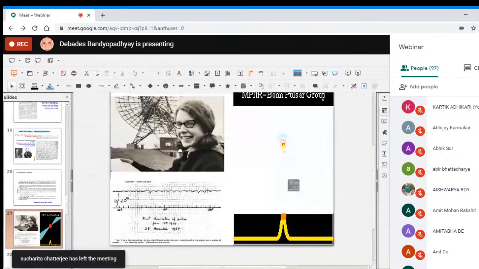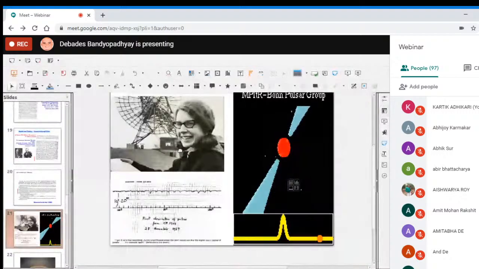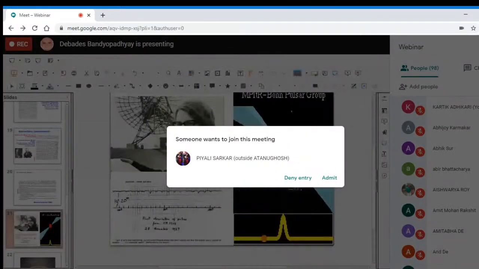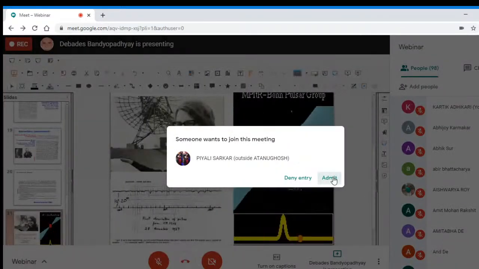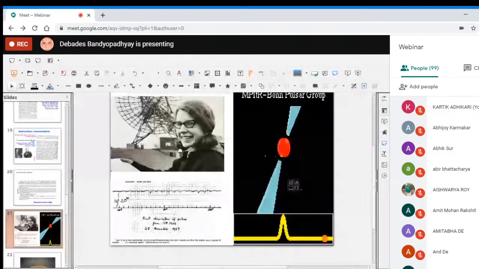And what is a pulsar? A pulsar is a neutron star with a very high surface magnetic field, of the order of 10 to the power 13 Gauss, which cannot be produced in a terrestrial laboratory. And it is rotating very fast.